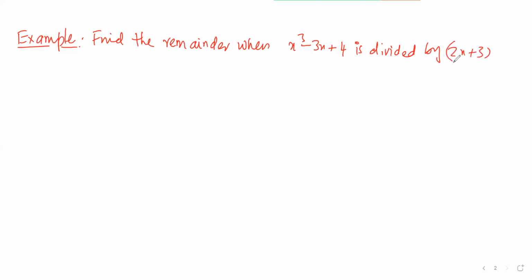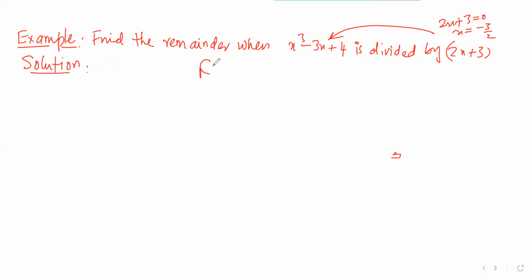Again, the divisor is linear and the coefficient of x is 2. So from 2x plus 3, you find the value of x equals minus 3 over 2. When we use this value in the dividend, we get the remainder.